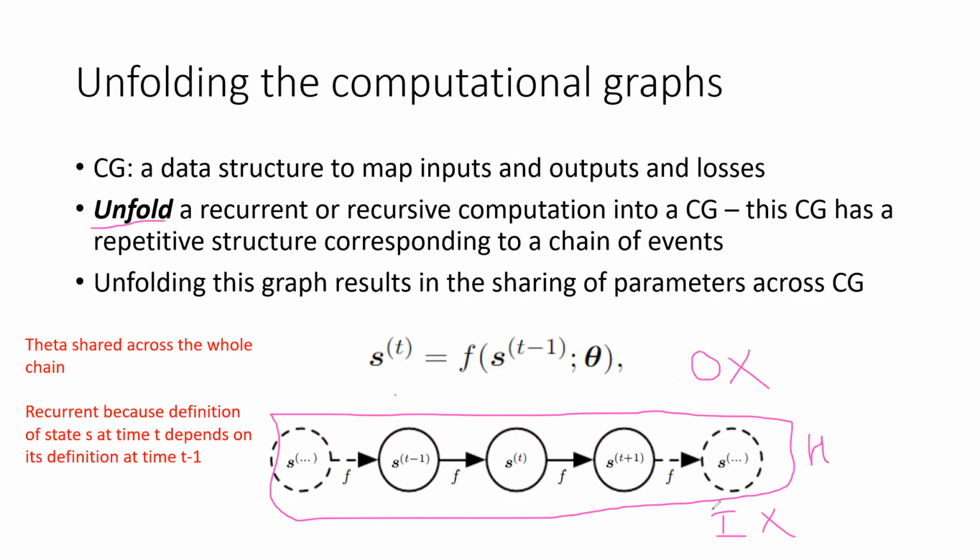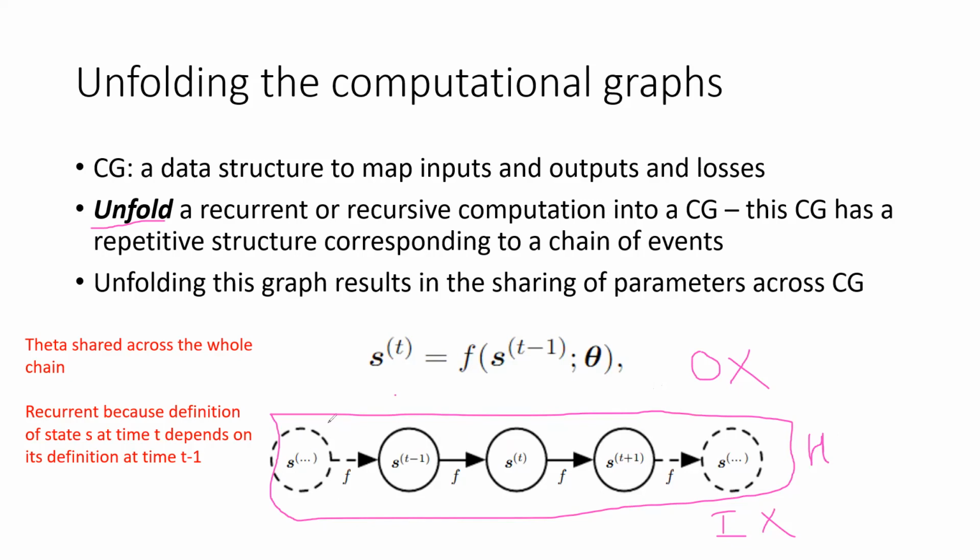So when you unfold, unfolding is done at the level of the hidden layer. And when you unfold at the hidden layer, you also unfold at the output layer and the input layer. So I am providing the input at each timestamp here.